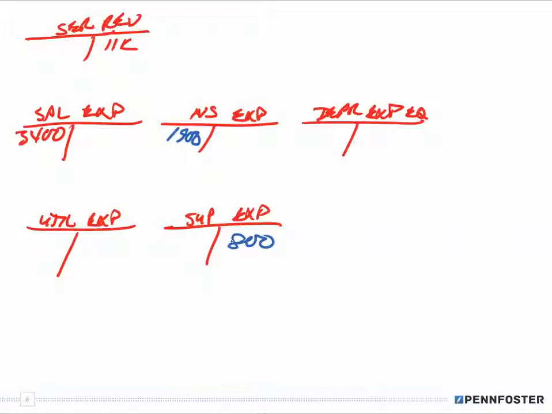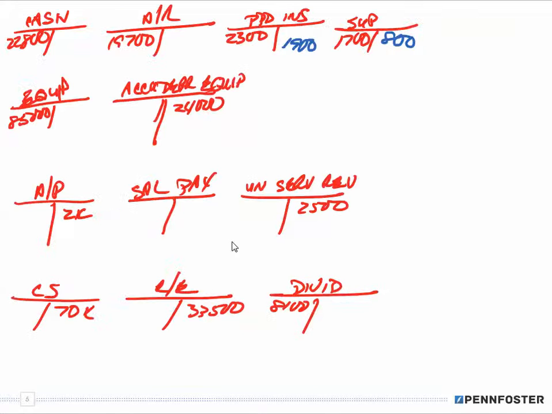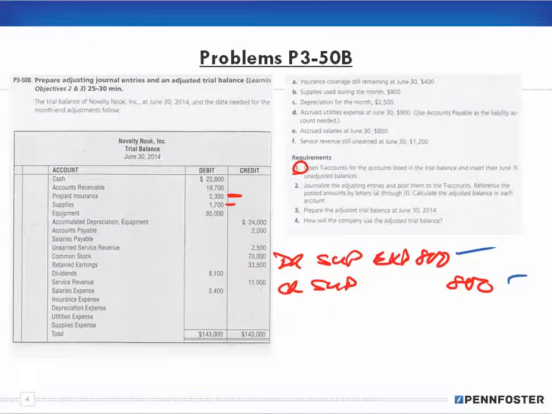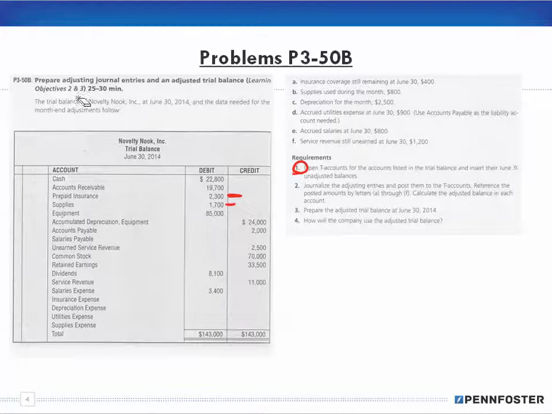Notice what I just said: no, you're not debiting supplies for 800. You're crediting supplies for 800, and you're debiting supplies expense for 800. Just the opposite. It's very easy to rearrange the information incorrectly because you have to flip back and forth. So you have to focus and concentrate when you're posting your entries, and make sure you're putting the information in the right spots.